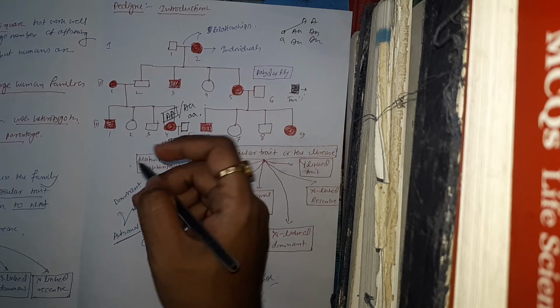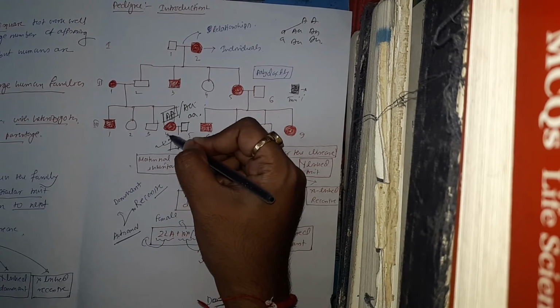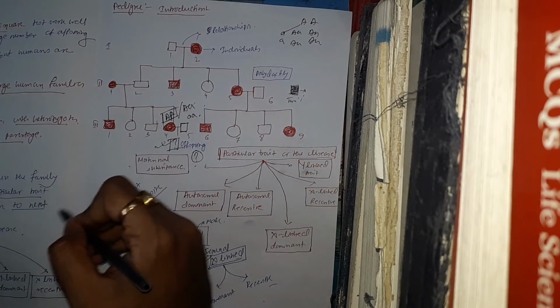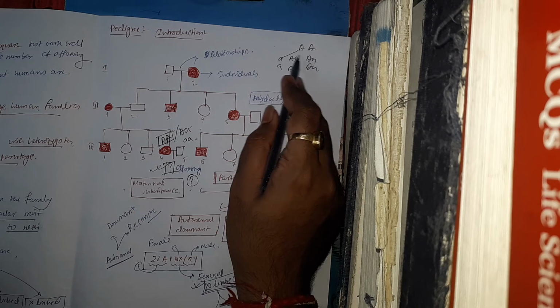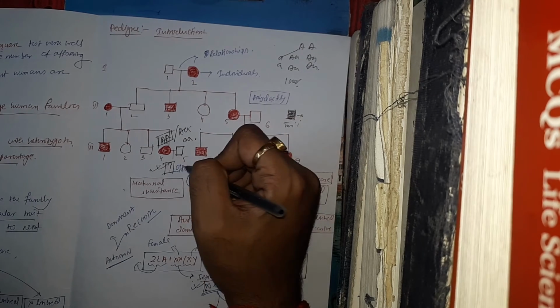As I have told you, when we are talking about autosomal dominant, both of these genotypes will be referred to as a trait or disease containing individual. Then the Punnett square simply tells us that there is a 100% probability that the offspring will have the disease.